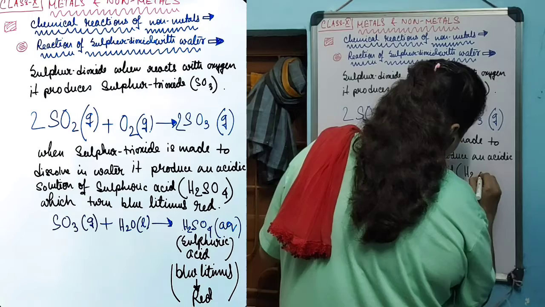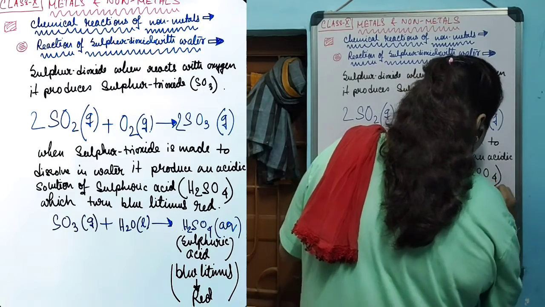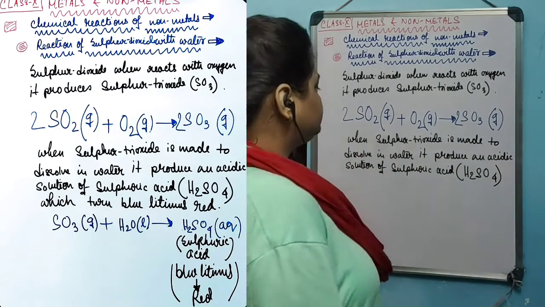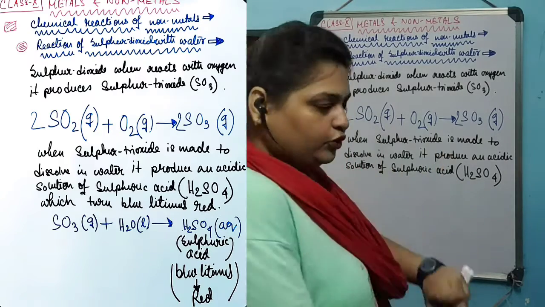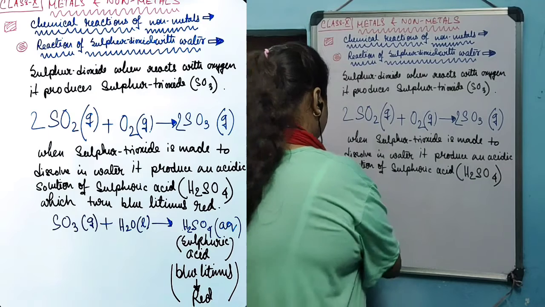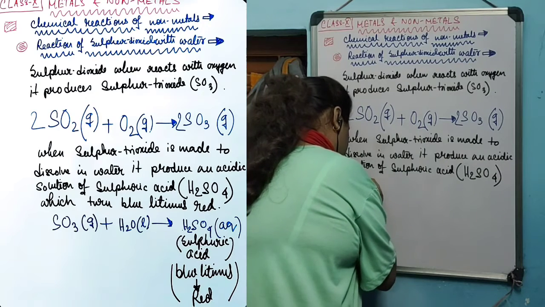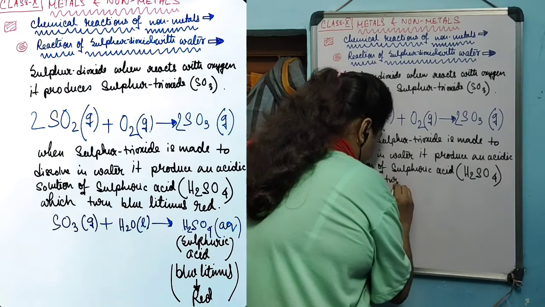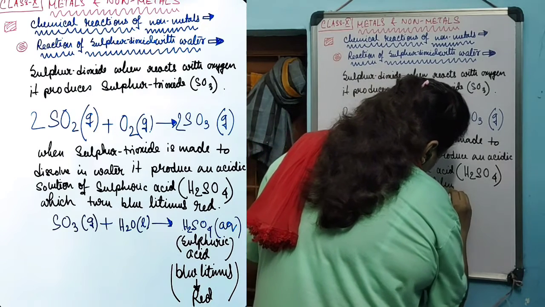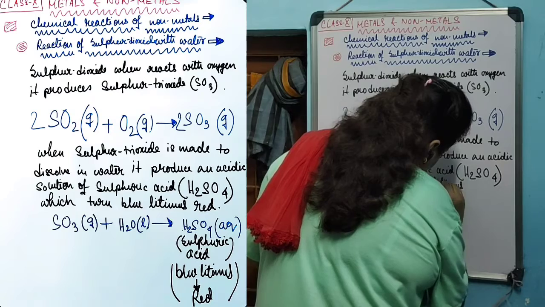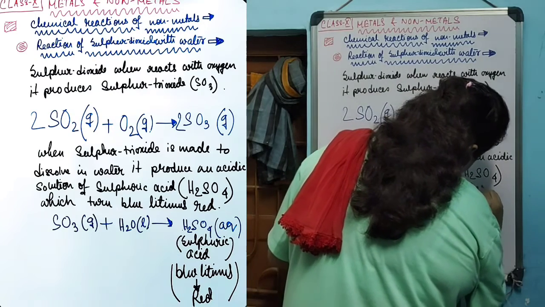The chemical formula of sulfuric acid is H2SO4. As this solution is acidic in nature, this one too will turn blue litmus paper red.